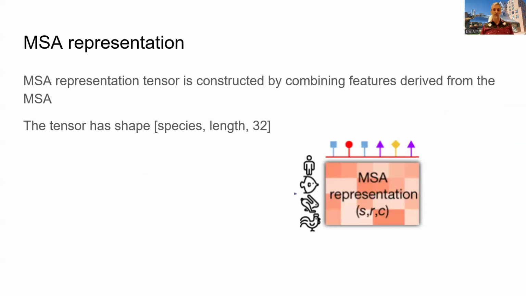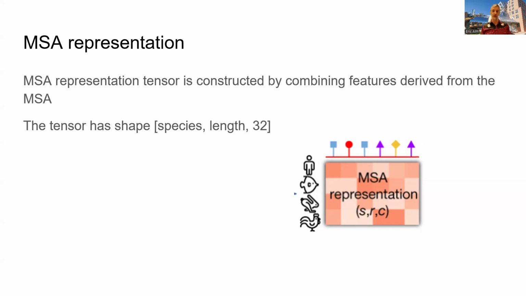The MSA representation is similar. So one of the dimensions there is the length of the protein. The other is the number of species that are combined into the multiple sequence alignment. And then each position in that matrix is also not a scalar, it's a vector.